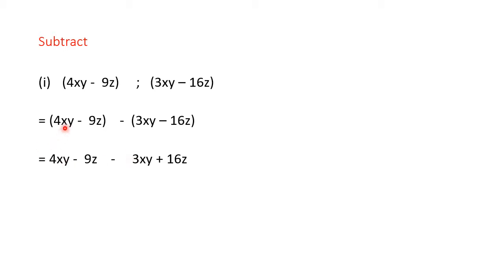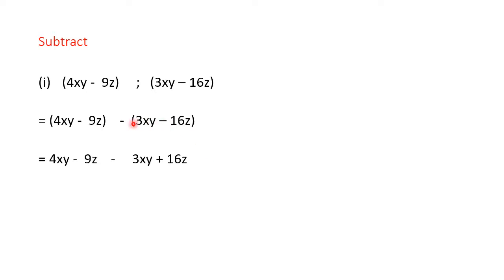So 4xy remains as it is. Minus 9z also remains as it is. This 3xy inside the bracket was positive. Now this minus goes there and attaches to it, and it becomes minus 3xy. And this minus which was inside becomes plus. So minus becomes plus.